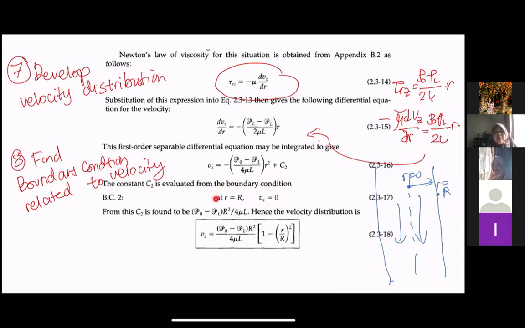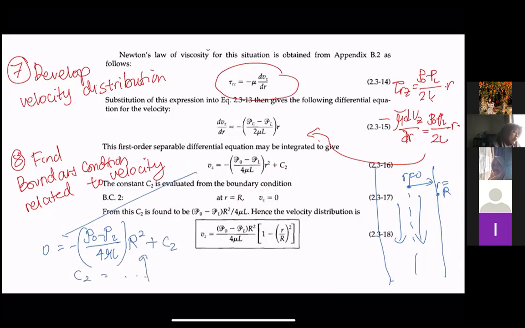And this is r equal to R. So from here we find the C2. So just make it 0, so we can make it 0 equal to minus (P0 minus PL) over 4 mu L, R squared, plus C2. So we can get the C2 equal to that.